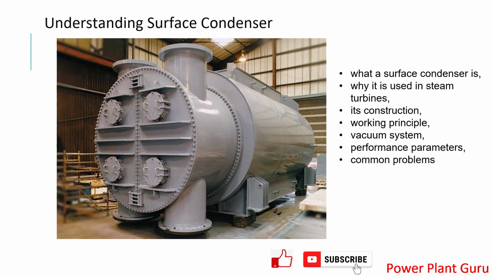So what we are going to cover here is what the surface condenser does, why it is utilized in a power plant, how the basic functionality works, and what the major components of this equipment are. That is how we will structure this session.